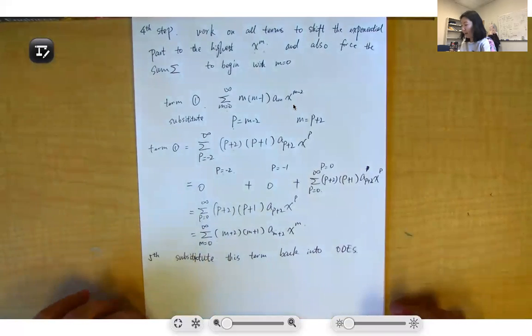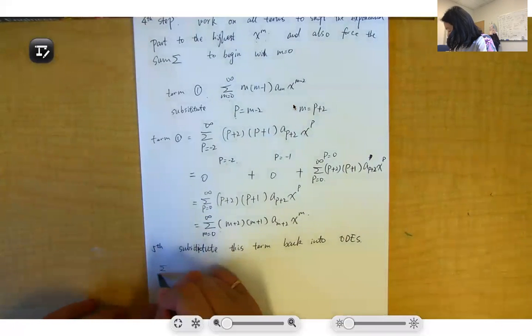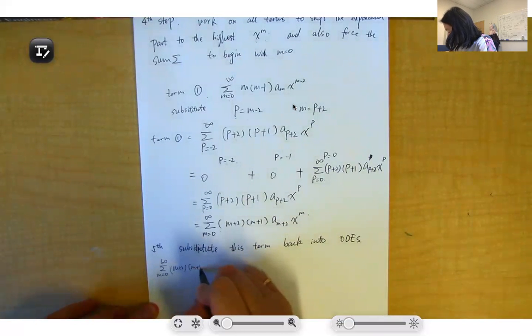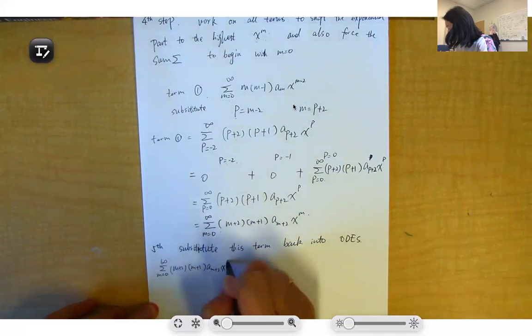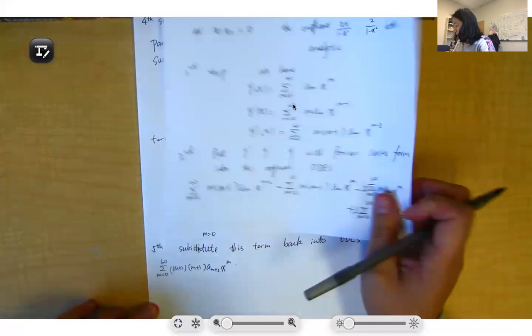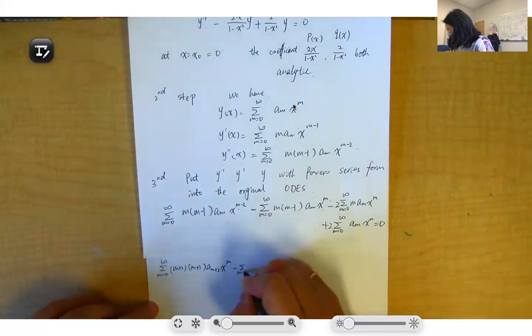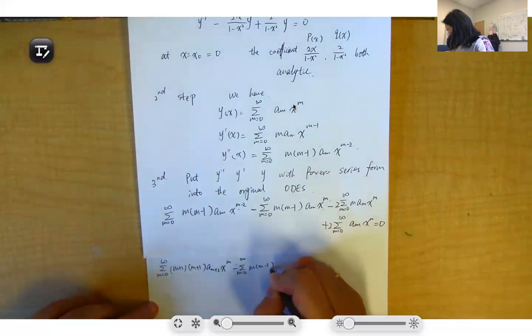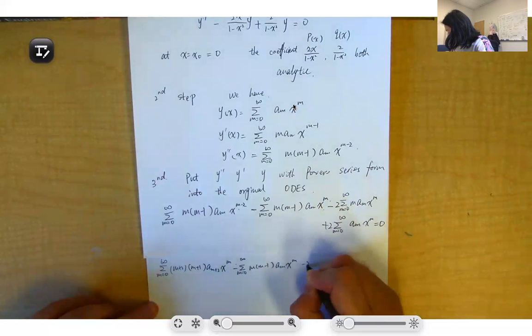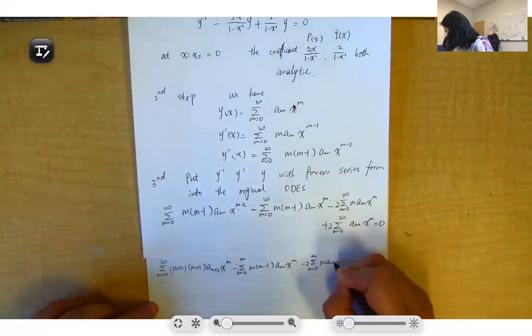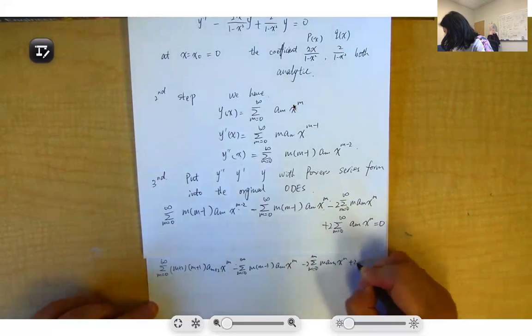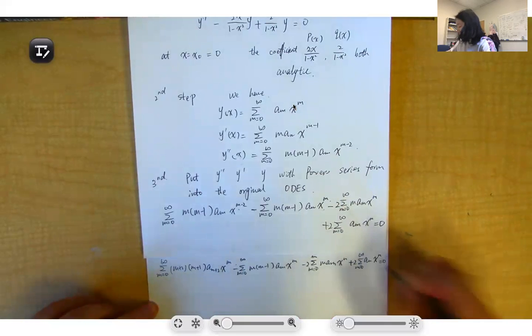And let's see what we can get. We have the sum from m equals to 0 to infinity, m plus 2 times m plus 1, a m plus 2 x to the m term. And all the other terms we can just rewrite like before. So minus the sum from m equals 0 to infinity of m times m minus 1, a m x to the m minus 2, plus the sum of m times a m x to the m, plus 2 times the sum of a m x to the m equals to 0.